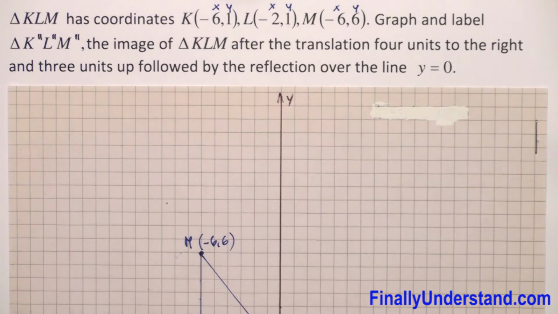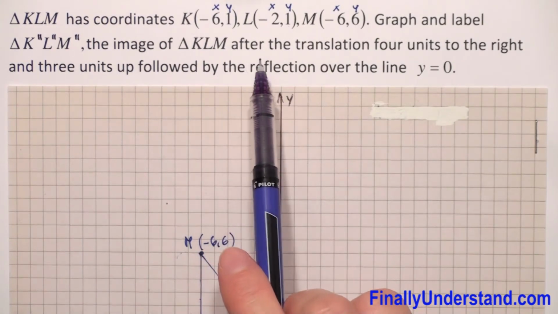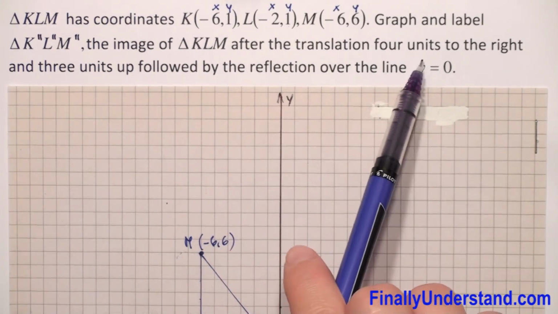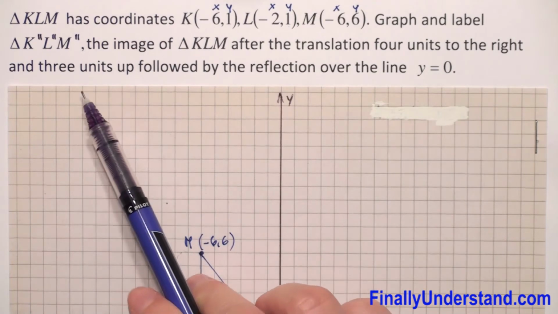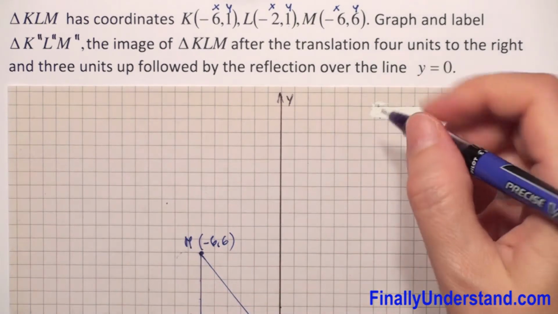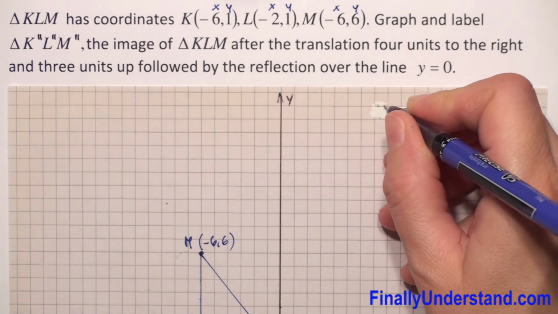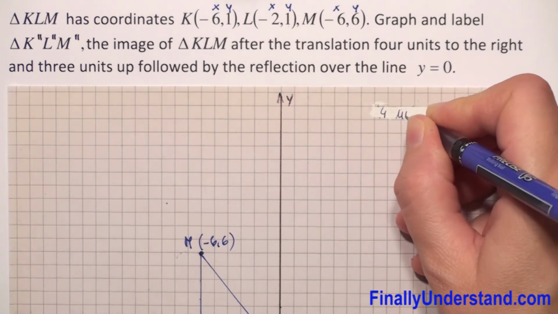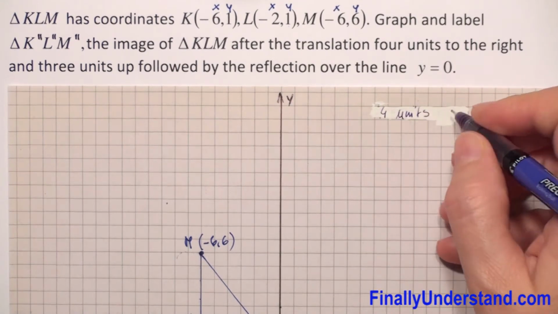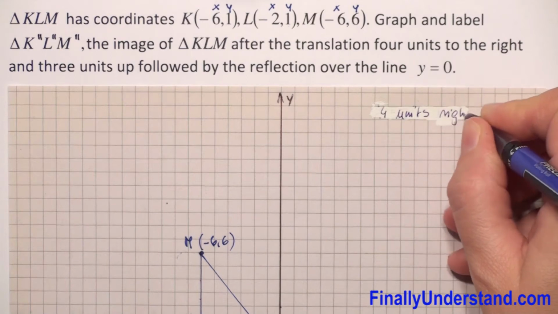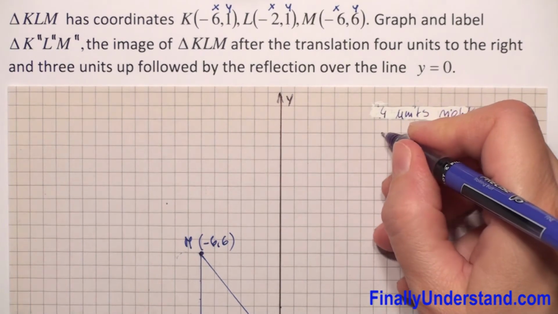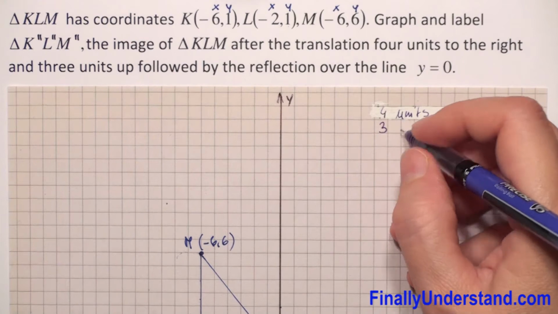Next, we have to find the image of triangle KLM after the translation 4 units to the right and 3 units up. So let me write this: 4 units right and 3 units up.